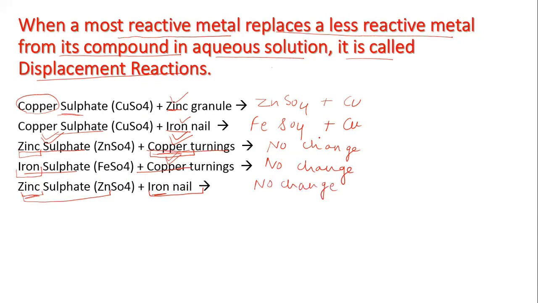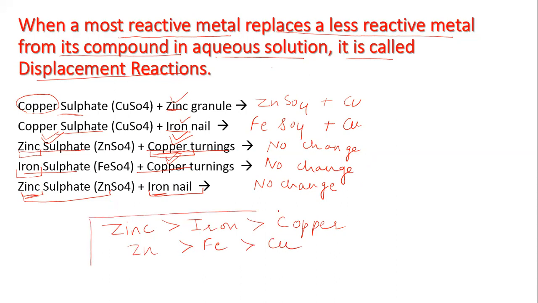So what we find from all these is that zinc is more reactive than iron, and iron is more reactive than copper. So Zn is more than Fe, and Fe is more than Cu. These three elements are given in our NCERT book, and you have to know this.